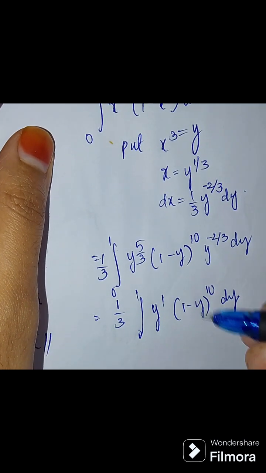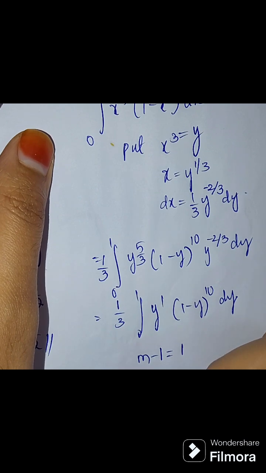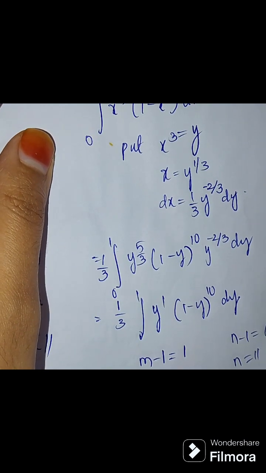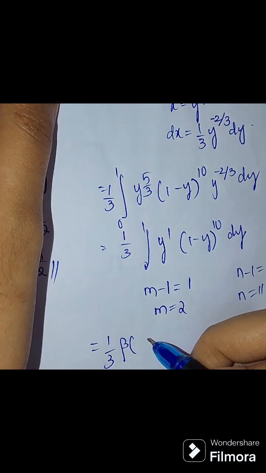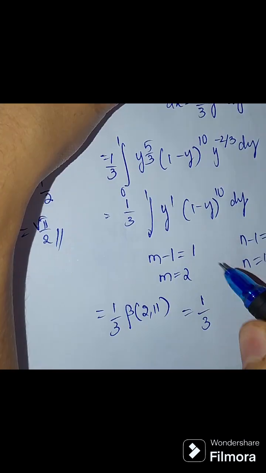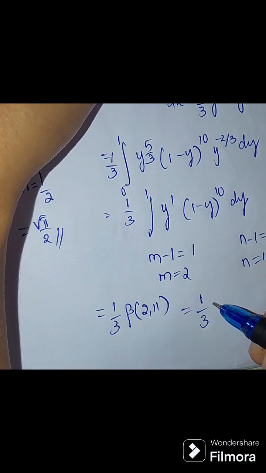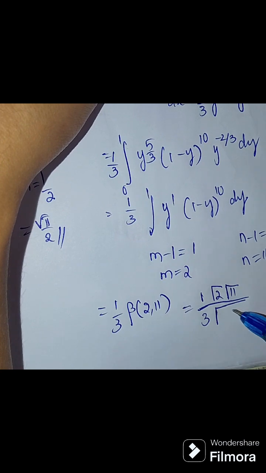Therefore here m minus 1 is 1, so m is 2, n minus 1 is 10, so n is 11. So this is 1 by 3 beta of 2 comma 11. Beta of 2 comma 11 is gamma 2 gamma 11 by gamma 13.